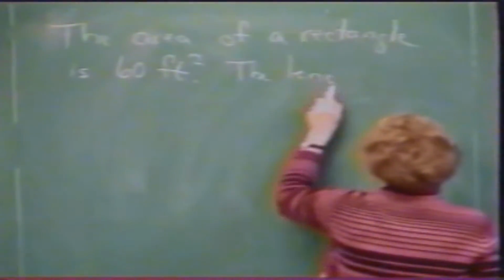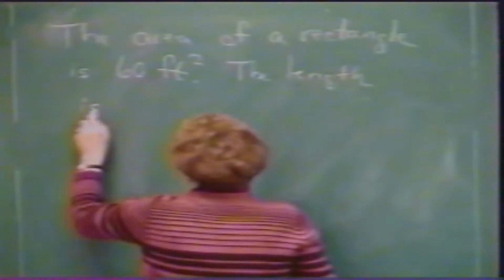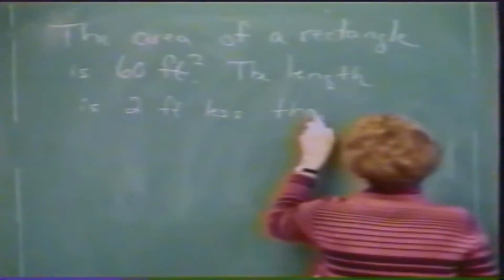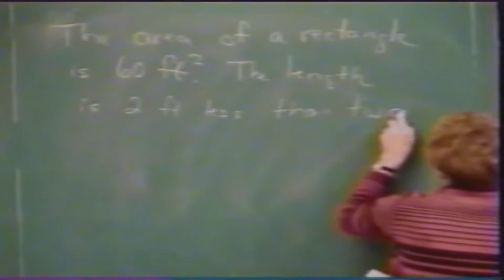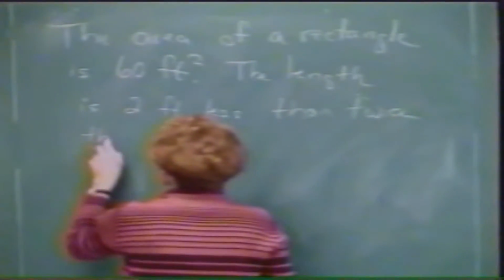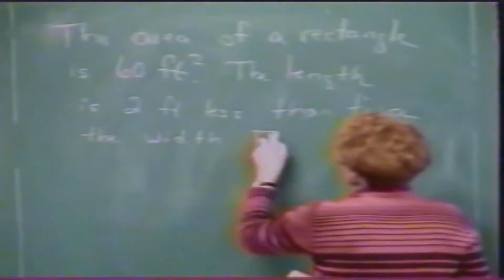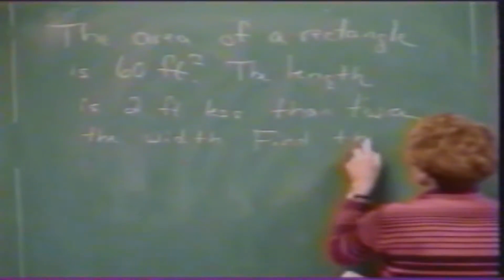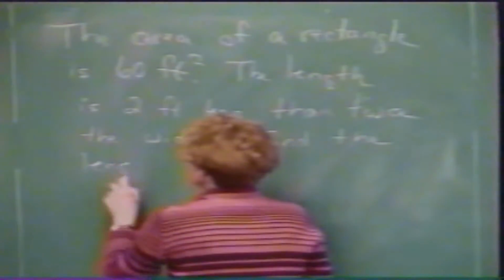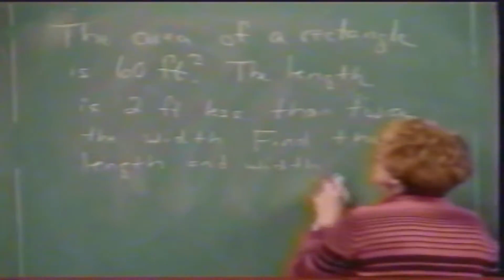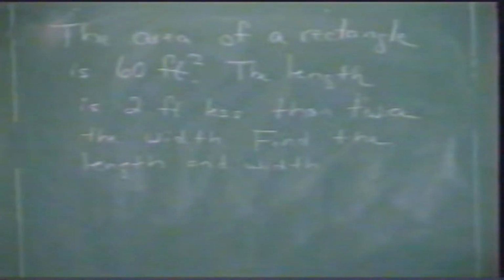The length is 2 feet less than twice the width. Find the length and width. The area of a rectangle is 60 square feet. The length is 2 feet less than twice the width. Find the length and the width.